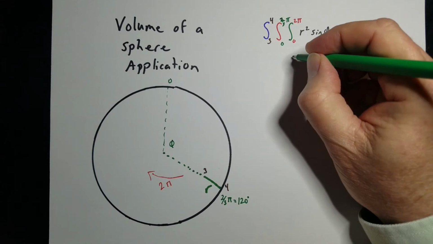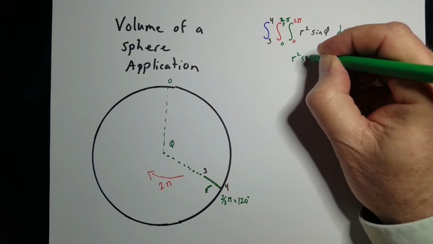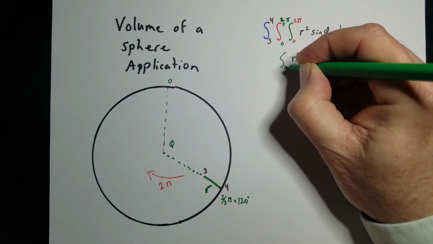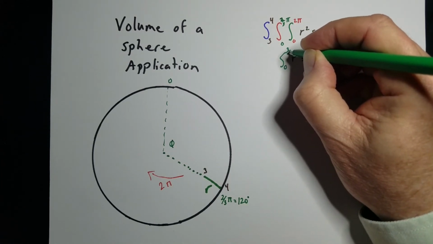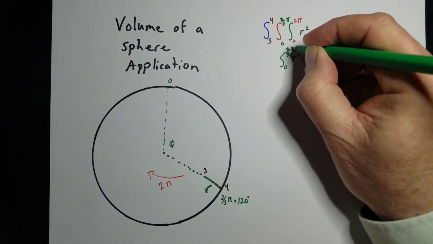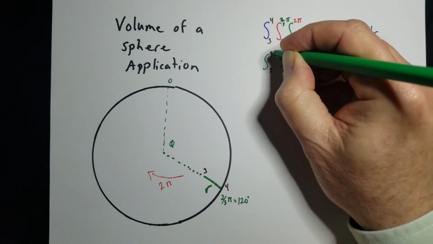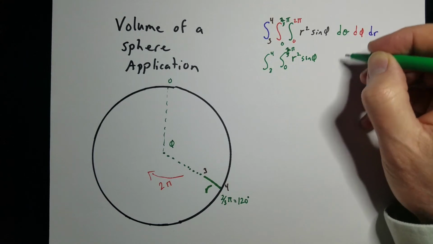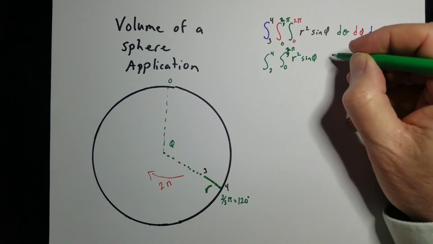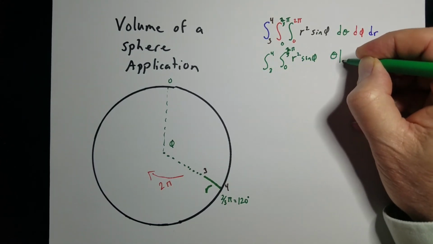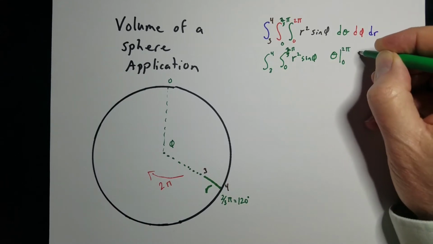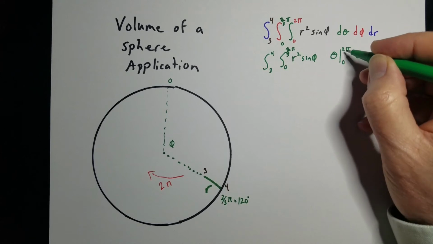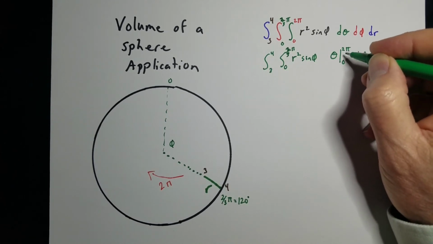So r squared sine phi, 0 to 2/3 pi, 3 to 4. Those are all constants as far as theta is concerned. So the integral of d theta is just theta from 0 to 2 pi, d phi dr. And so that's going to be 2 pi minus 0, which is just 2 pi.